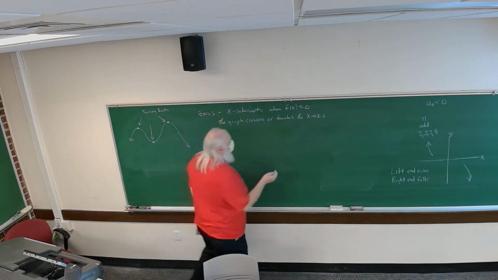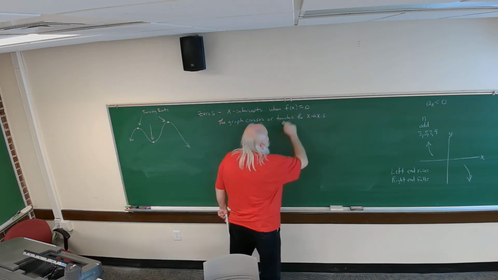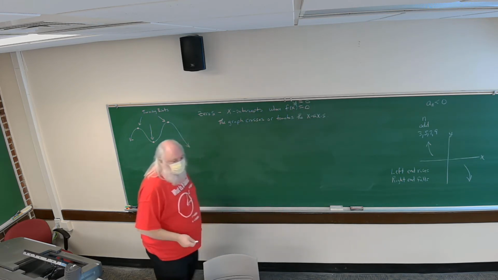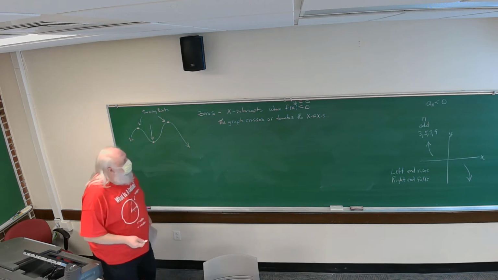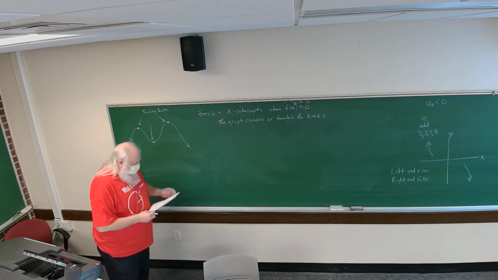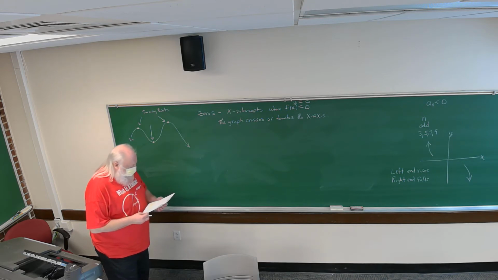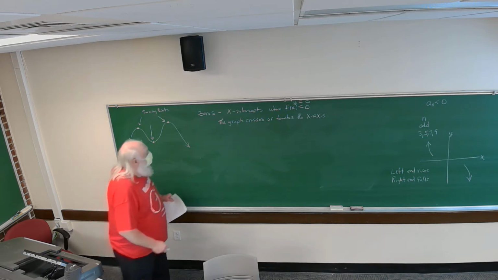And where f of x is equal to 0, the y coordinate is also equal to 0, right? Because function values and y values are the same thing. Okay. So we're going to use the x-intercepts, or the zeros, and the behavior of the polynomial function to sketch an approximation to the graph of the function.